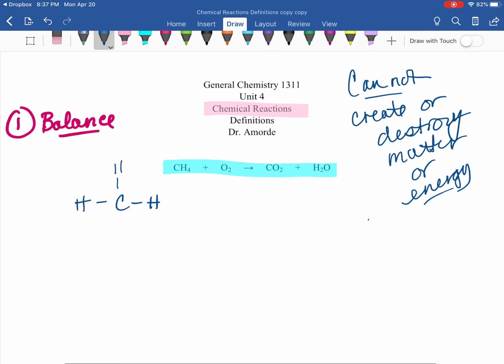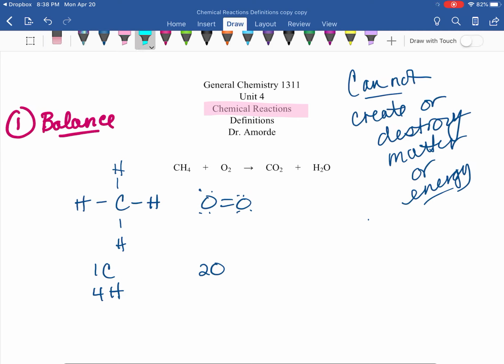Now, what does balanced mean? All right, we're going to picture that on this side, we've got methane. Well, we drew this in Unit 2. We know what that looks like. Okay. And then we also know from this unit that that is 1 carbon and 4 hydrogens. And then we've got oxygen. We know from Unit 2 it looks like that. And then that is 2 oxygens.